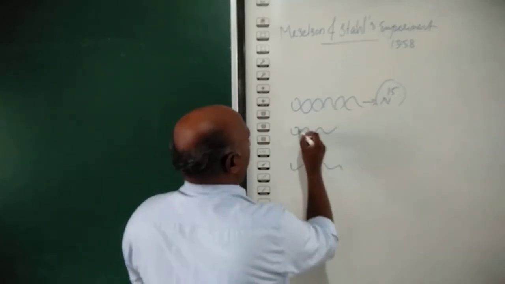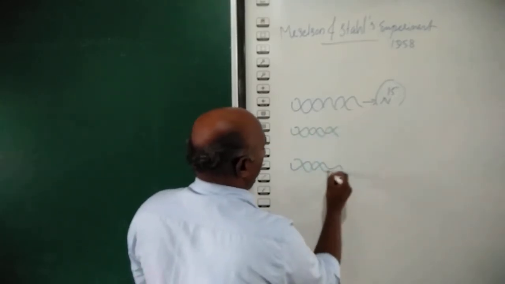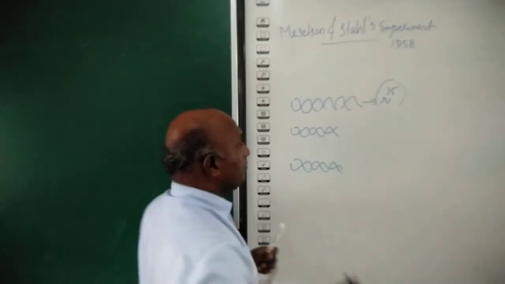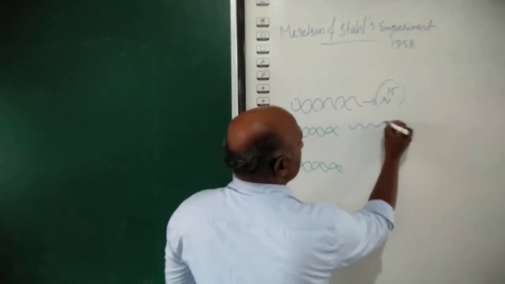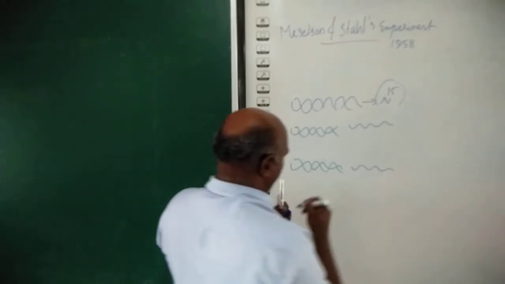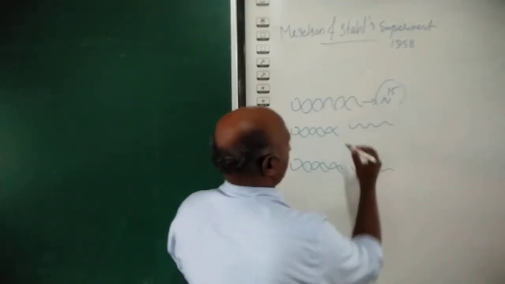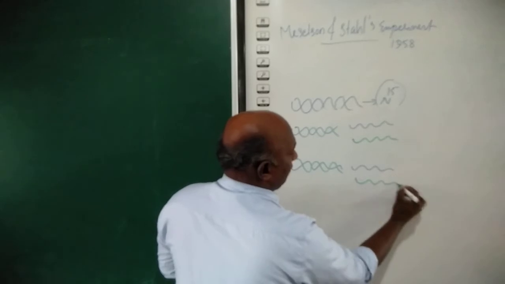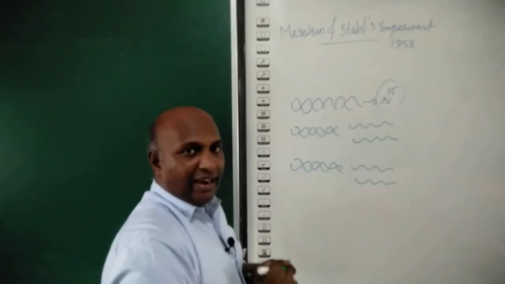So this is the F1. After 40 minutes in the N14 medium, again these strands divided. From here we got two strands independently, and we got two strands here also. Then what happened?